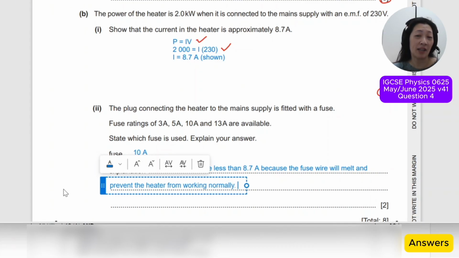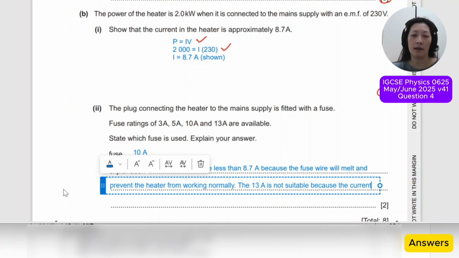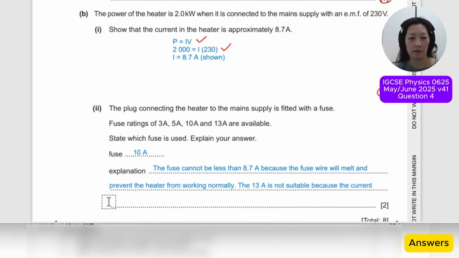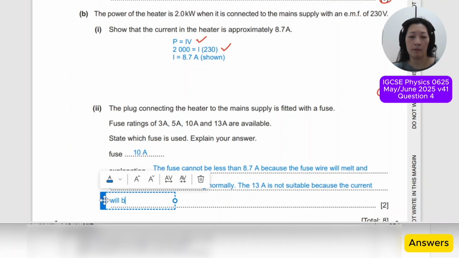To be on the safe side, let's also mention that we don't want to select a fuse that's too high. We're going to mention the 13 ampere fuse is not suitable because the current will be too high and might spoil the heater.